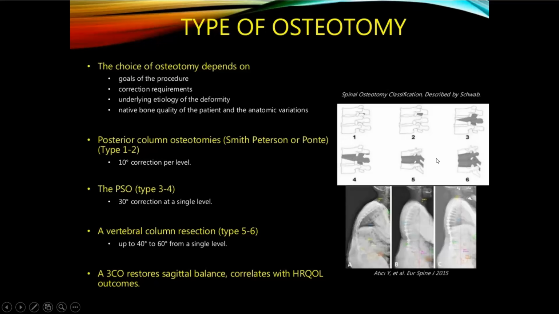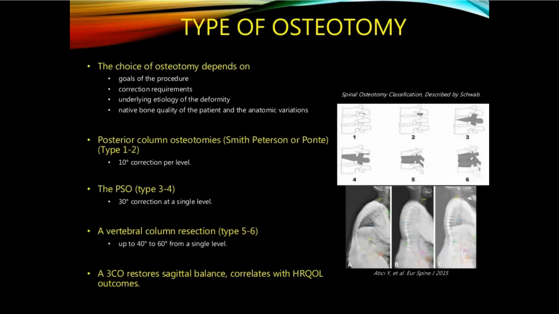These osteotomies are very important to correct the sagittal angles also. The posterior column osteotomies, the Smith-Petersen and the Ponte osteotomy, type 1 and type 2, achieve a 10 degree correction per level. In case of pedicle subtraction osteotomy, type 3 and type 4, you get almost a 30 degree correction at a single level itself.